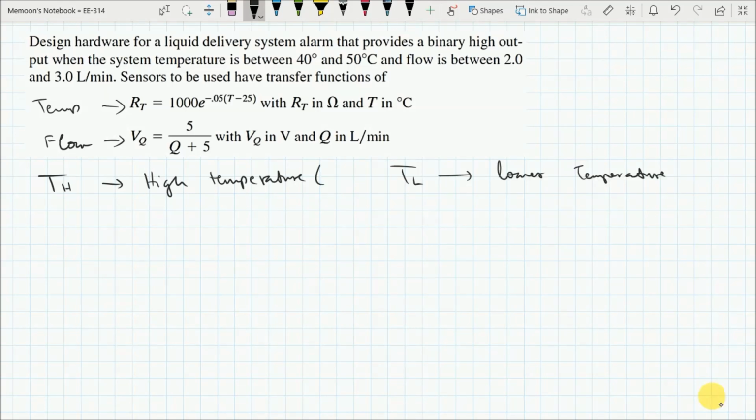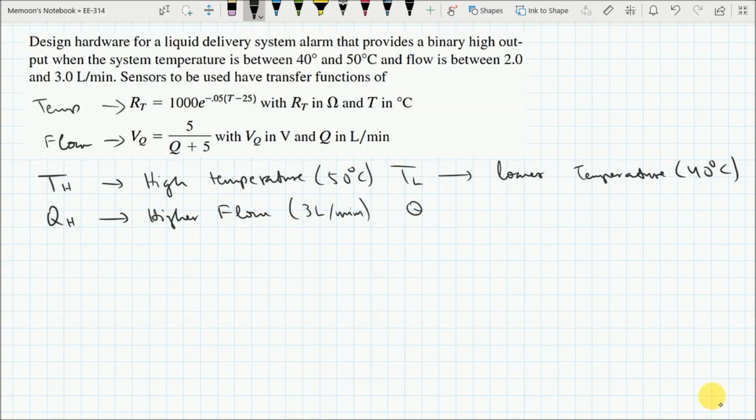Your higher temperature is 50 degrees Celsius and your lower temperature is 40 degrees Celsius. And then again for the flow you have QH, higher value of flow, which is 3 liters per minute, while QL corresponds to lower value of flow, which is 2 liters per minute.